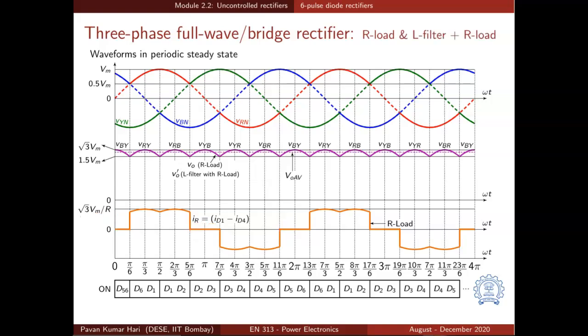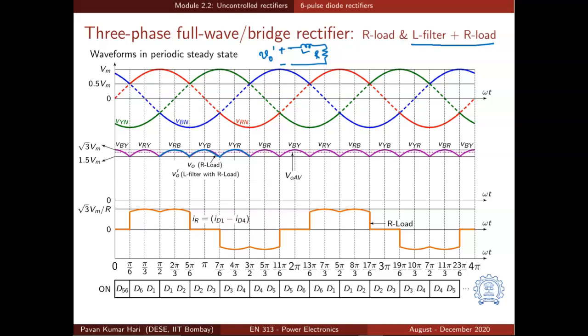Let us consider the case of L filter plus R load now. When an L filter is added, the current waveform follows exponential plus sinusoid, as we have already seen in the case of 1 pulse and 2 pulse diode rectifiers. What is the sinusoid that is appearing across this LR circuit? The sinusoid here is this section of line to line voltage.